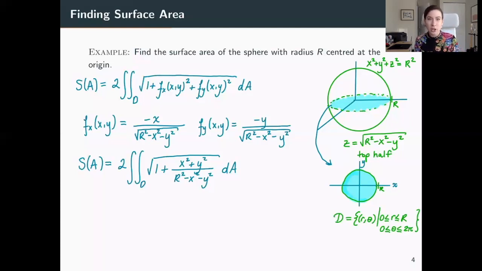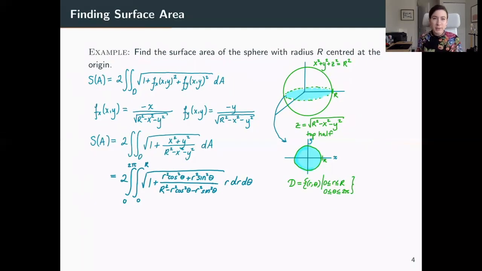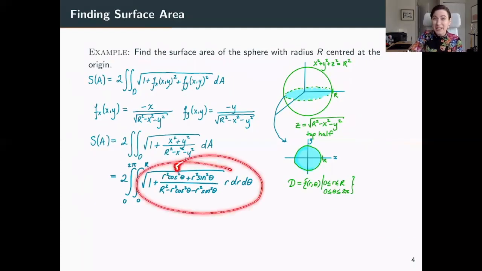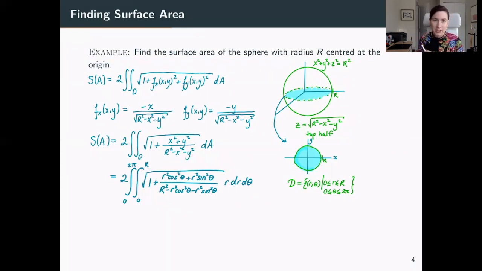We can change our surface area integral to be in terms of r and theta. After converting into polar coordinates, this is the integral that we end up with. And I know that this looks gross initially, but I promise after a little bit of simplification, you'll see that it turns out to be a whole lot nicer. We can see that we've got an r squared cos squared plus r squared sine squared in the numerator.